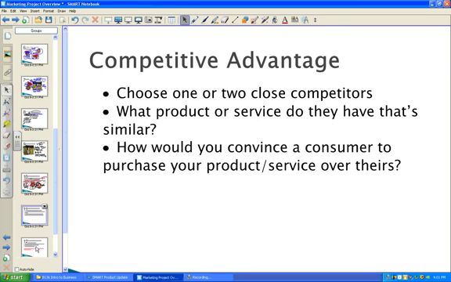So one way to really understand how to talk about your competitive advantage is to look at one or two close competitors. What kind of products or services do they have that are similar? And how do you position your products against it? So there might be quick ways to get Progresso soup.